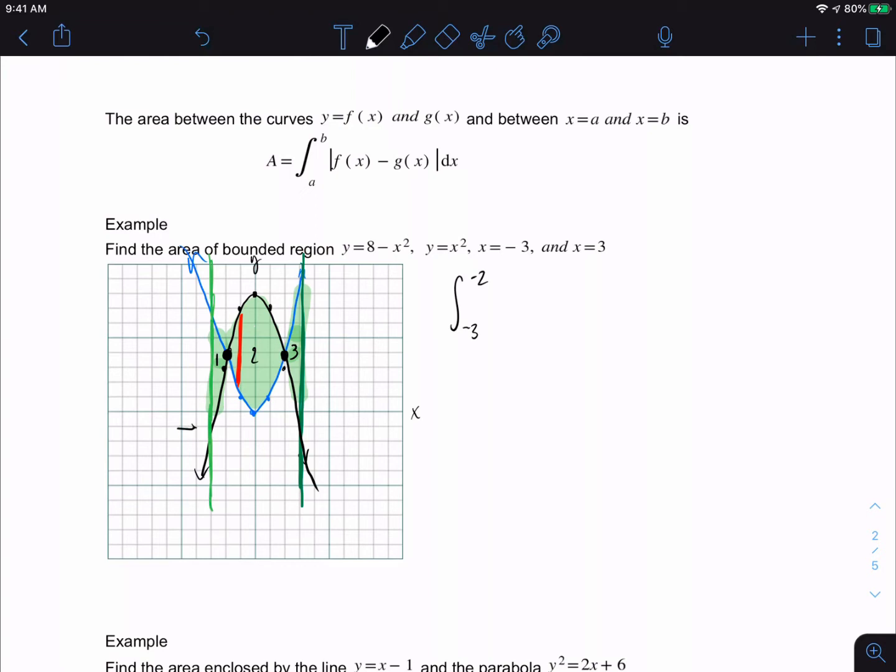So it would have been from whatever this is to this point here. You're balanced from -3 to -2. Y is equal to x squared is the top and the other one is the bottom, versus on the second section, it's 8 minus x squared on top, y squared on the bottom.